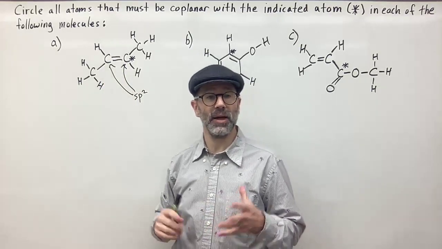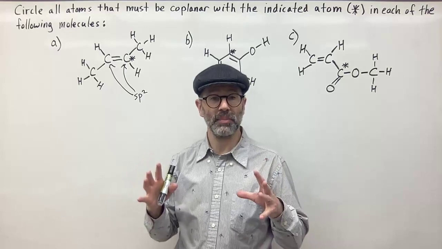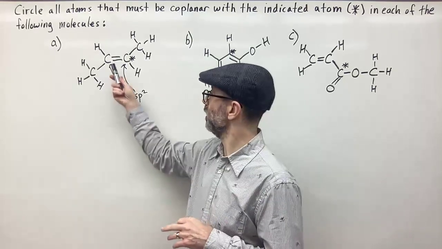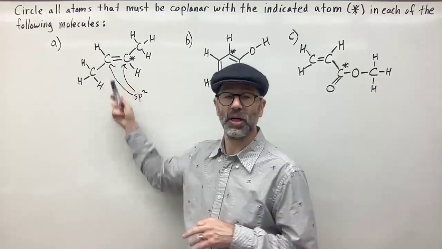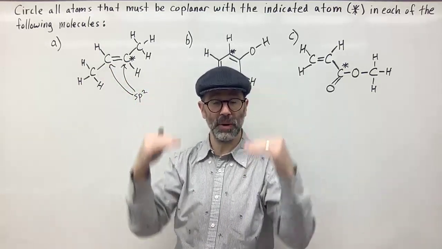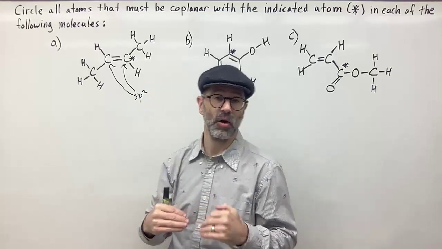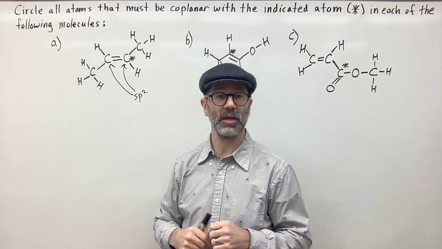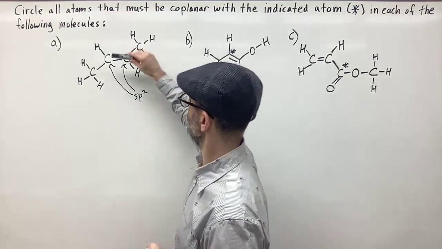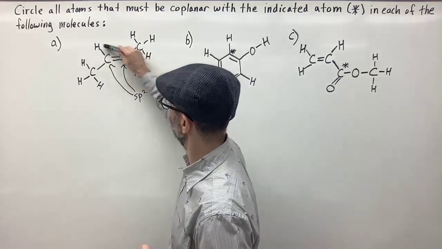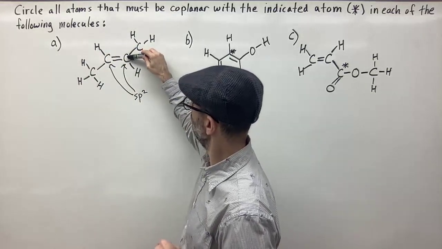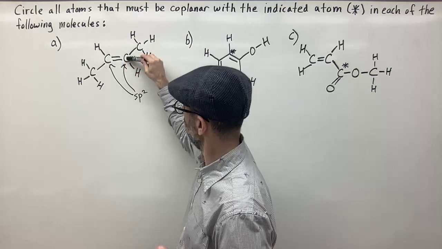That pi bond, again, as you know, is made up of 2 overlapping unhybridized p orbitals on the adjacent carbons. And so that overlap below and above the plane or the axis between the atoms is going to lock it in place. So that means that the plane of this carbon and these hydrogens, this carbon and this carbon are in the same plane.